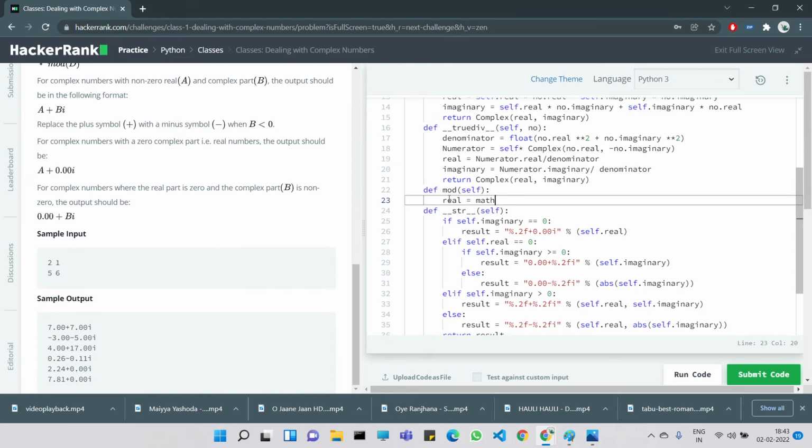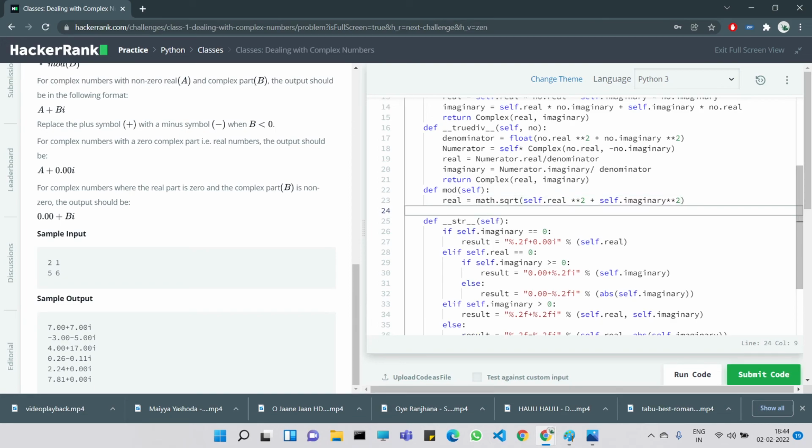Real part equal to math.sqrt of self dot real whole square plus self dot imaginary whole square. So we'll take the real part square, then the imaginary part square, then we will take the root of that. So we'll get the real part and the imaginary part will be 0.